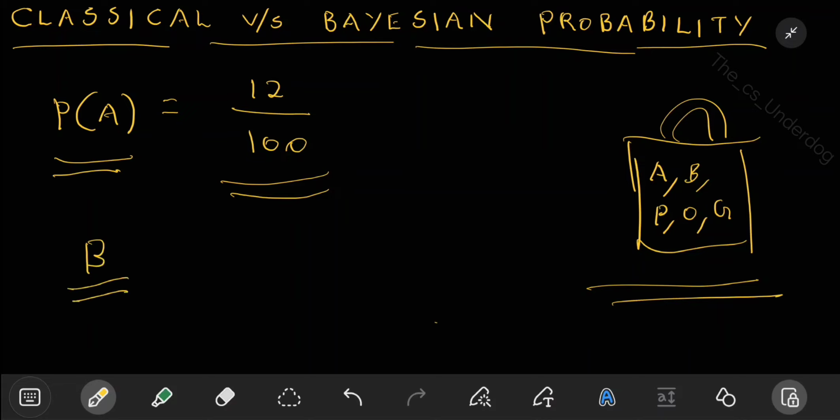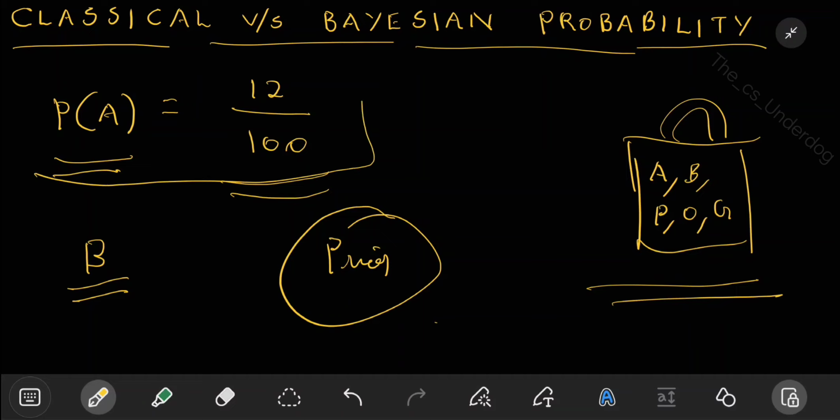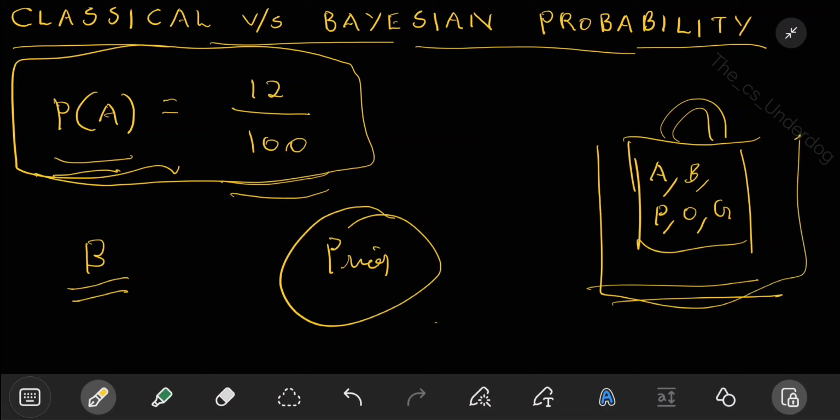And coming to Bayesian view, what do you have? You have a quantification of uncertainty, and moreover, the difference that is introduced is about a prior. You initially will have a prior probability. Here, in terms of classical, you didn't make any assumptions about whatever is happening in this bag. You actually did the experiment and then you found out this is the probability of apple.